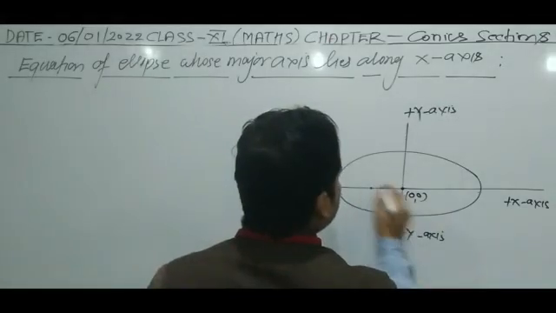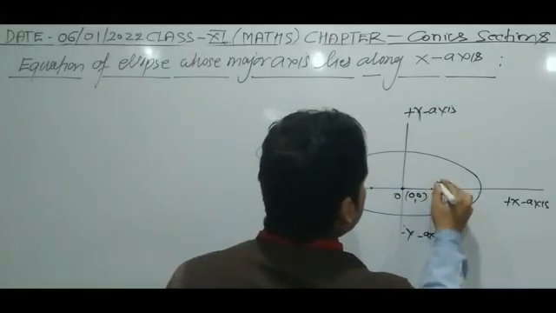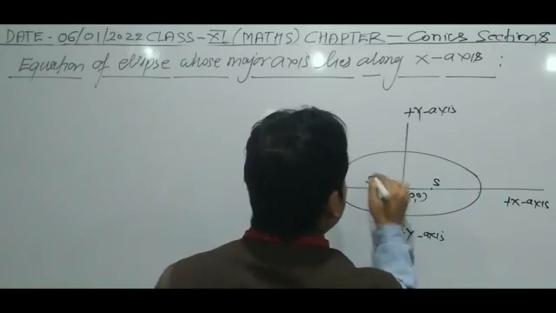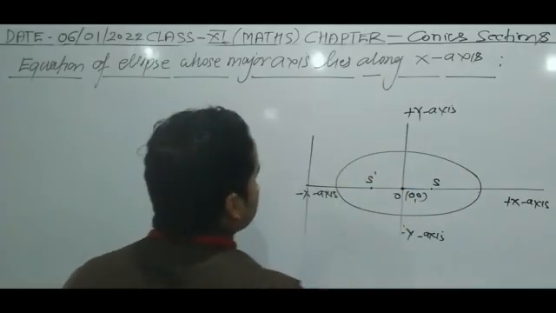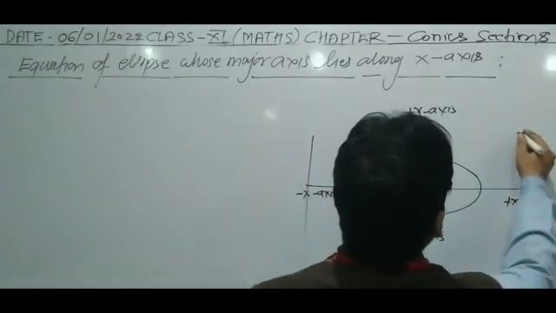Now there are 2 points, S and S dash. Now this is the line, this is the directrix.